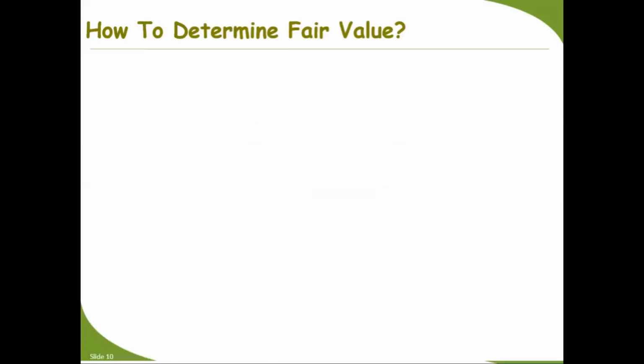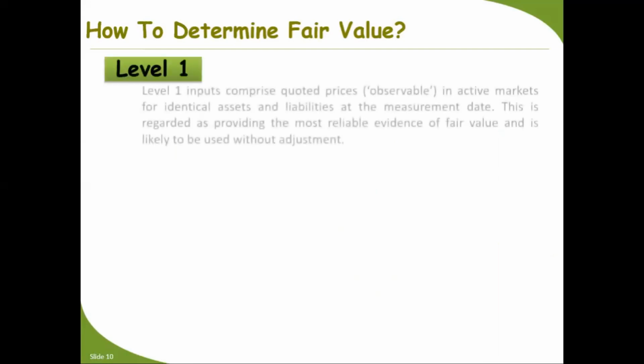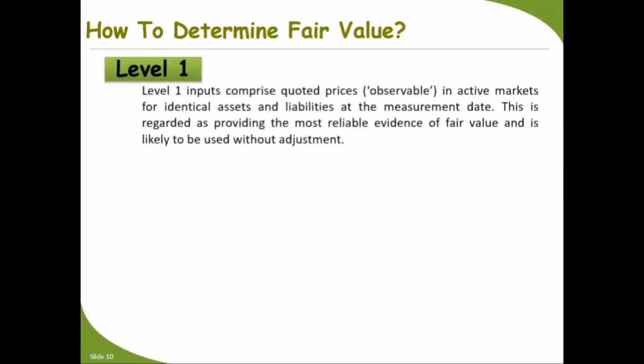Okay. Now, there is a detailed discussion about level 1. Level 1 input comprises quoted prices in an active market for identical assets or liabilities at the measurement date. So that is the date when you are determining your fair value.